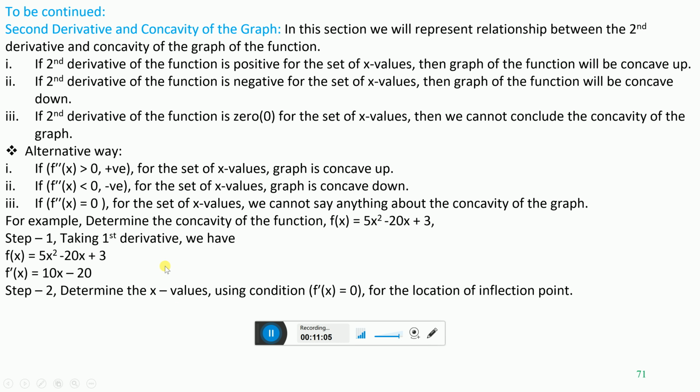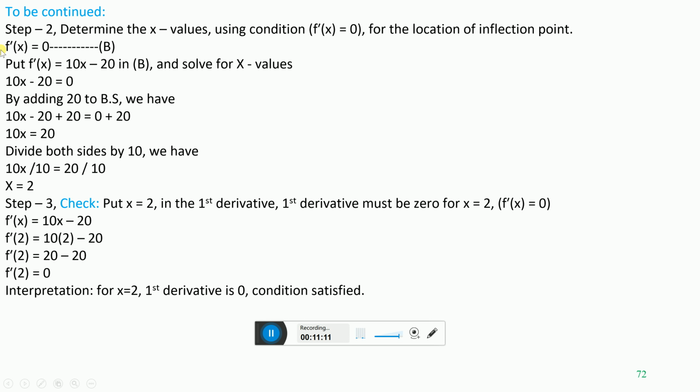To find x values we will put the value of f prime of x, 10x minus 20, in this condition. For f prime of x I am putting 10x minus 20 is equal to 0. Now solve for x: keep the x alone on the left side and transfer the constant to the right side. So how can we find x? By adding 20 to both sides.